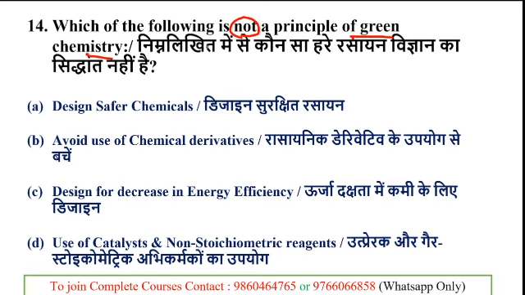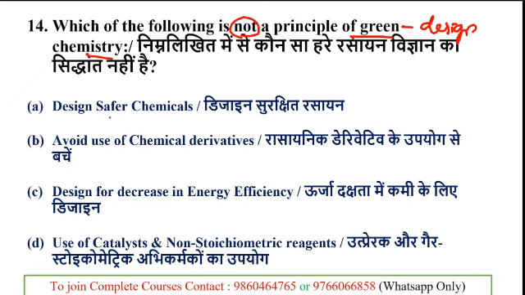It's also called sustainable chemistry, and it is the area of chemistry and chemical engineering that focuses on designing products and processes that eliminate the use and generation of hazardous substances. So green chemistry will help to make substances that will protect the environment.